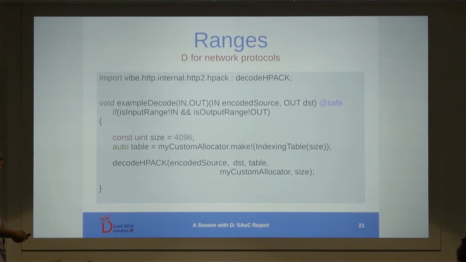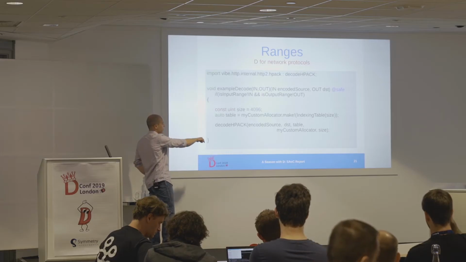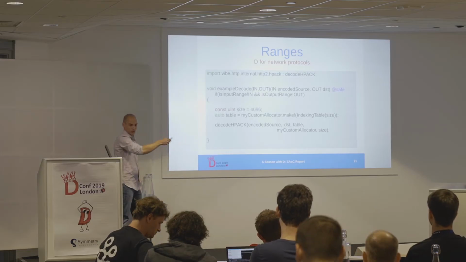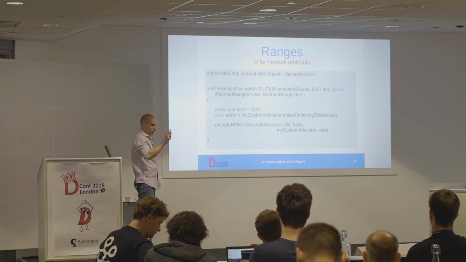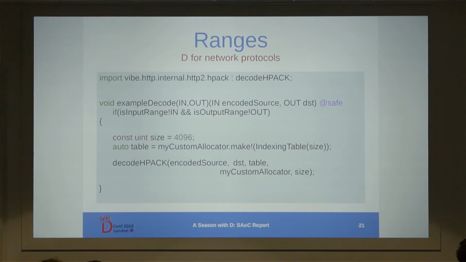And there you simply need to provide your table, which is the table I was telling you before, the one which is encoding all the possible requests, and your allocator if you want to use some.